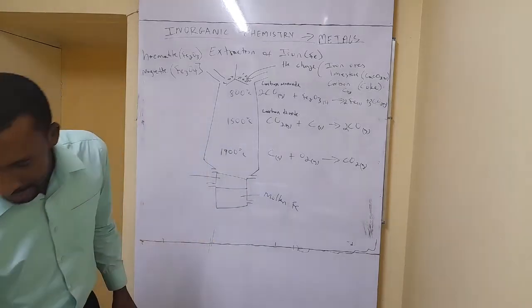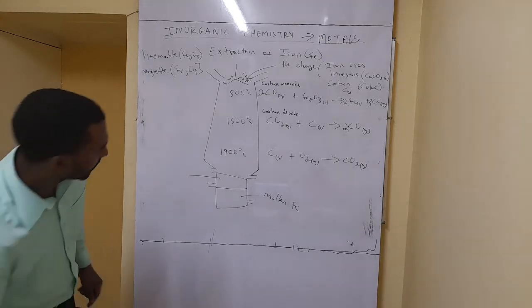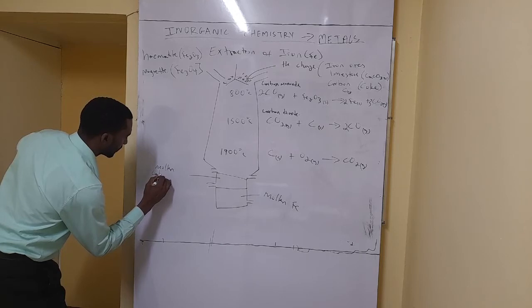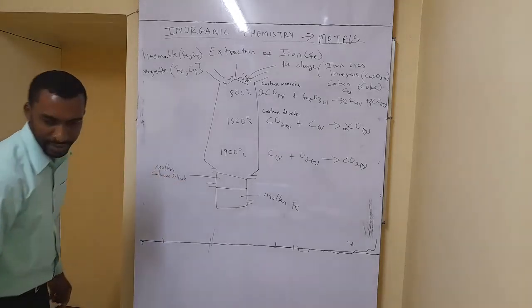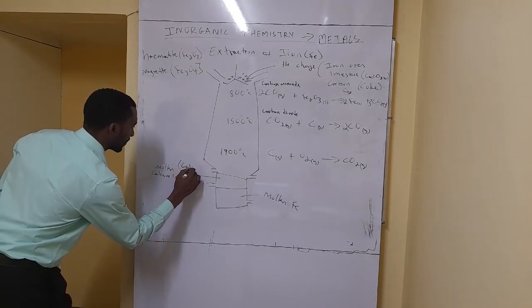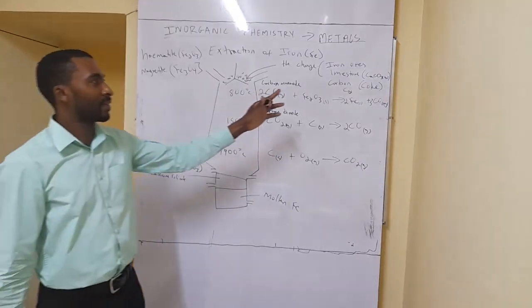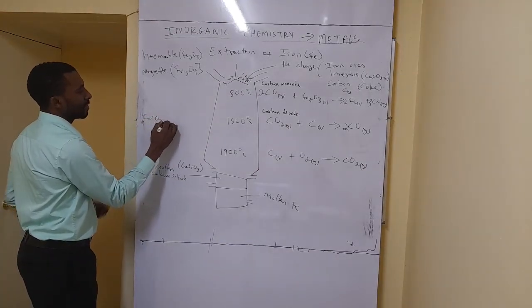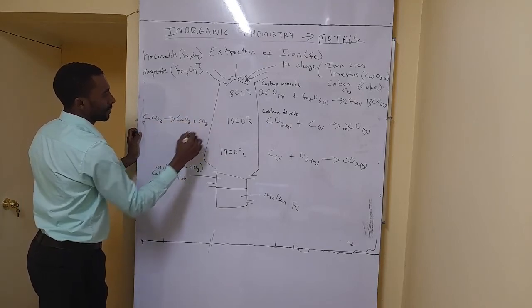The top here is the calcium silicate, CaSiO3. More reactant with heat. So first, the calcium carbonate is going to break down to calcium oxide plus CO2.